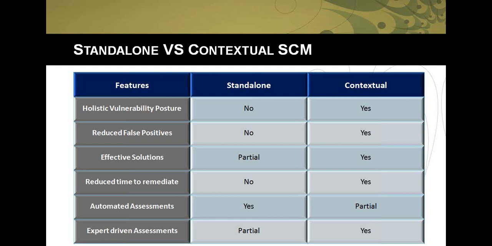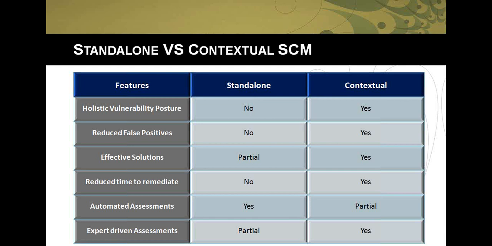So that is why we are saying, solutions of contextual SCMs are much more effective. So this effective solution and lesser false positives reduces the remediation effort in case of contextual assessment, which is not the case in standalone assessment. Full automated analysis is possible in case of a standalone assessment, but contextual assessment cannot be fully automated.